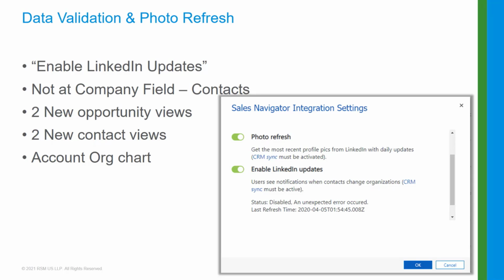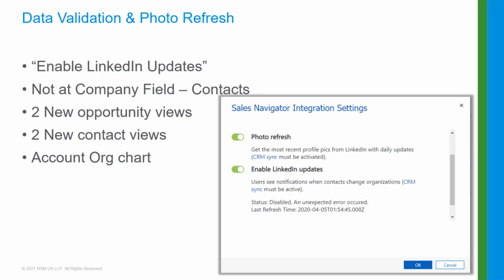And there's also a really nice visual when you navigate to the org chart, where you're going to be able to see a big red dot on all of the contacts that are no longer at that account. I'll show you that a little later in a demo as well.